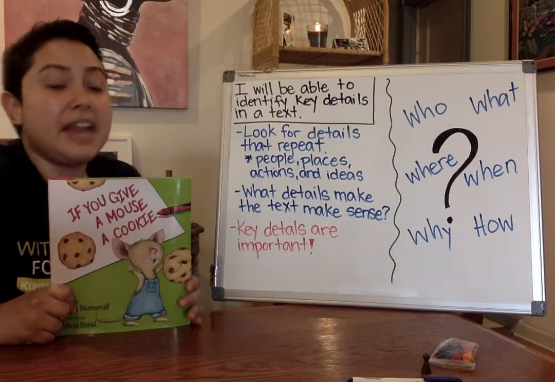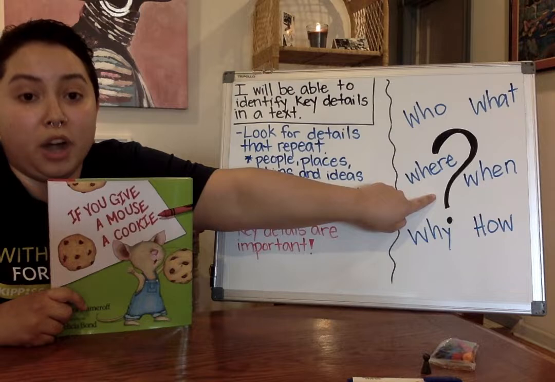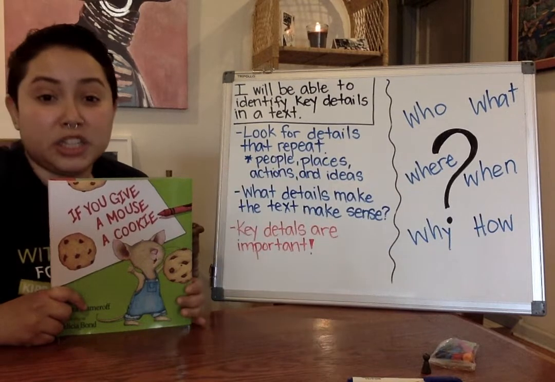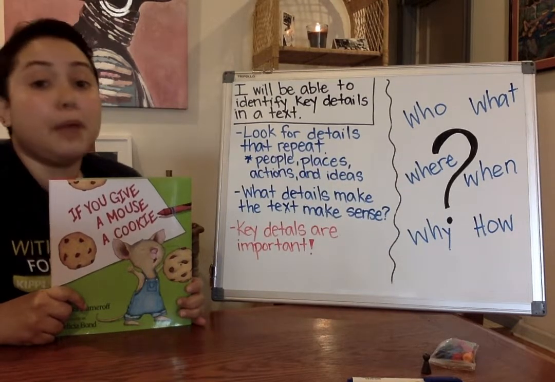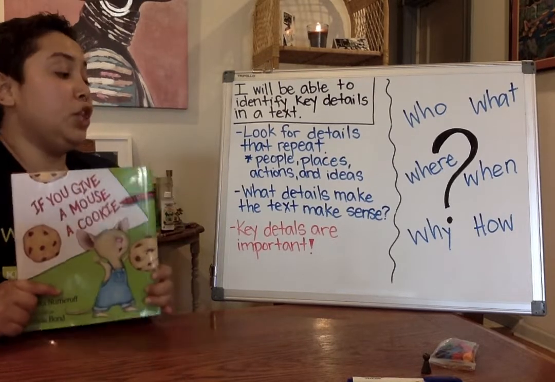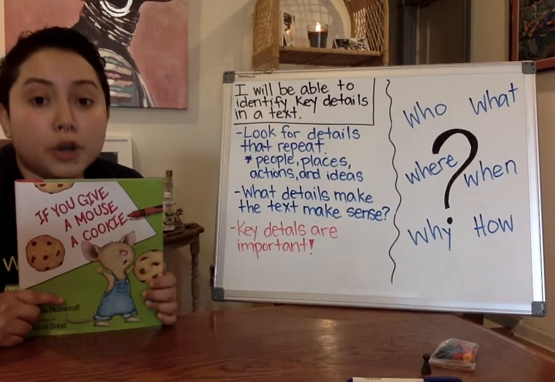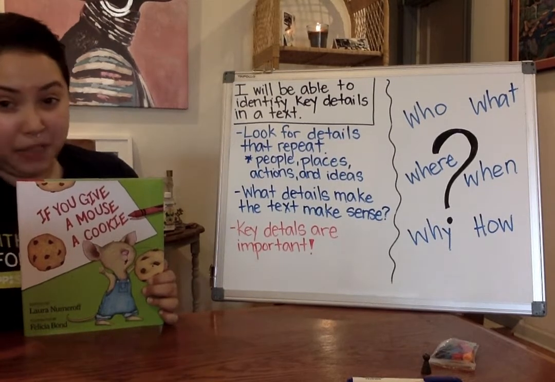When we're identifying key details, we use our question words. So we might ask a question about the setting, about the people, about what's happening in our story when we look for important information. Now, our question words, think about them.